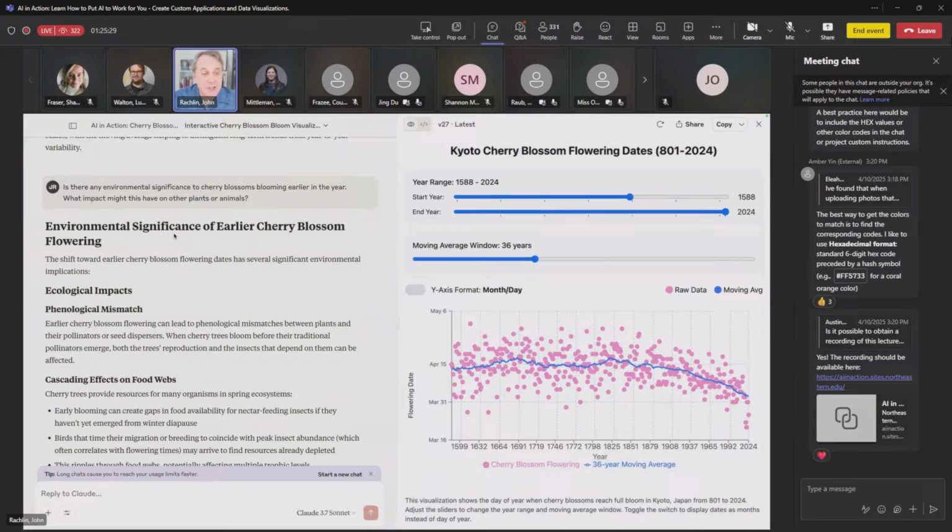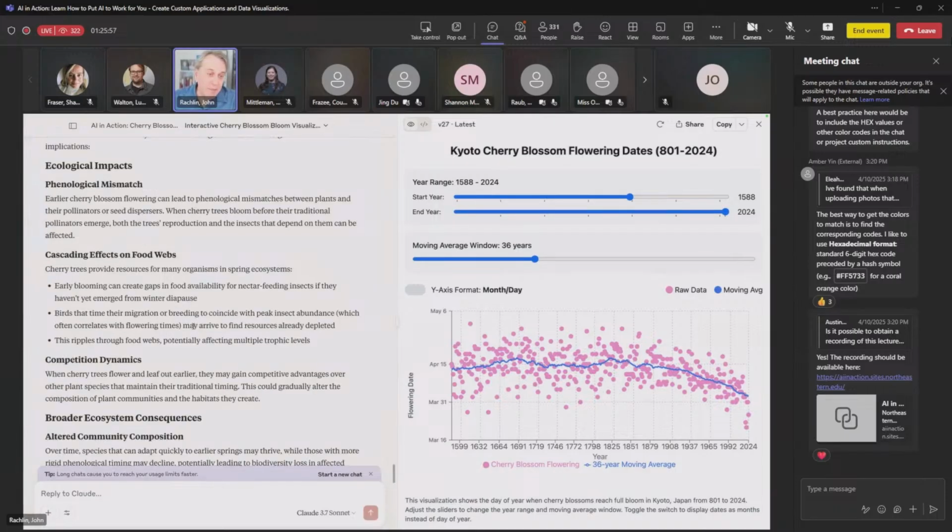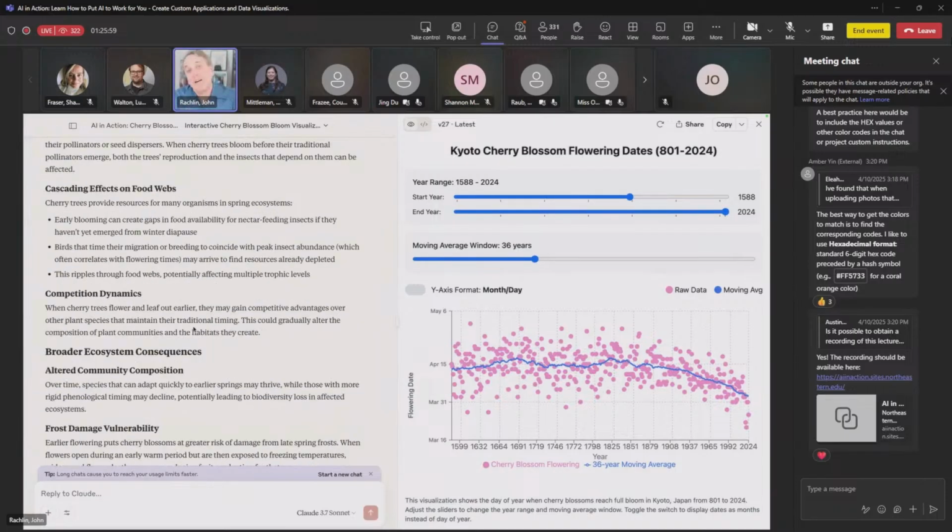In particular, it's noting the fact that the reason we should care about cherry blossoms in Kyoto blooming earlier and earlier is not simply that it may affect our travel plans if we want to be a tourist and see the cherry blossoms, but more significantly, for a warming Earth, these climatological changes can have impacts on food webs, on the stability of ecosystems involving both plants and insects and other animals, and so on.